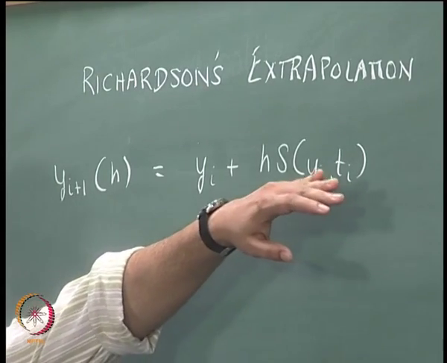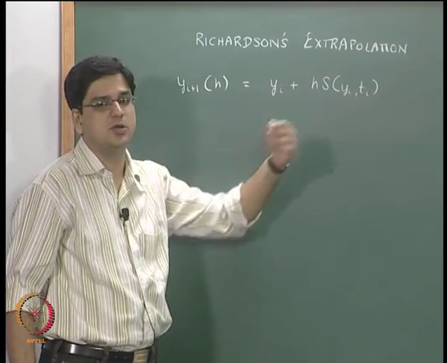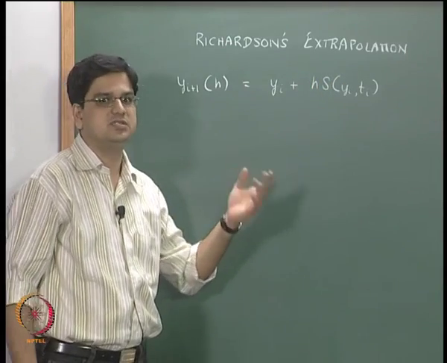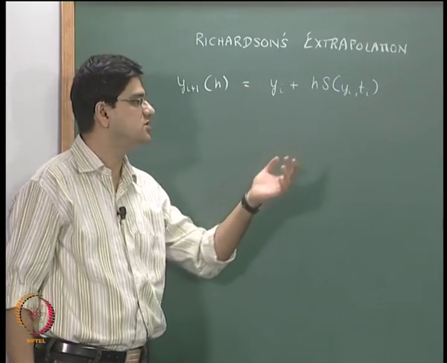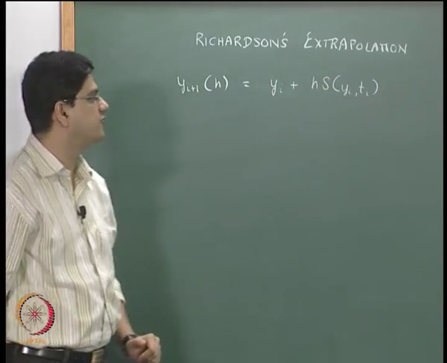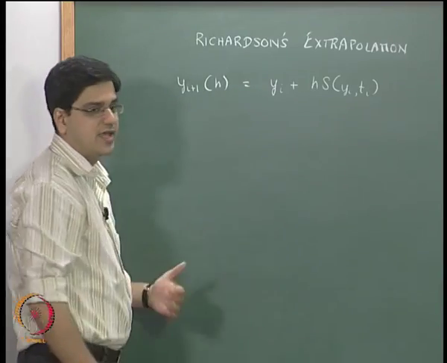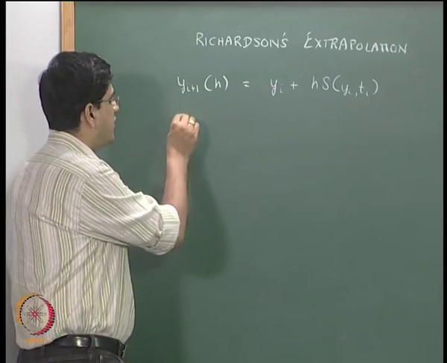So in the Runge-Kutta fourth order method we will have s as a weighted sum of slopes computed at 4 different points, that means w1 k1 plus w2 k2 plus w3 k3 plus w4 k4, that is what we get for the RK4 method. Okay. We repeat the exact same procedure again for half the step size.